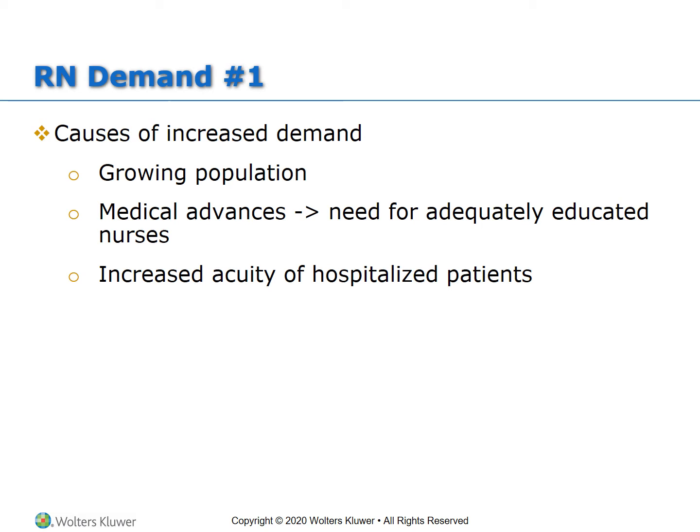The RN population now is not large enough to meet either the short or long-term needs. Like I said, the nursing workforce will be retiring at a rate faster than it can be replaced. Part of that is because the average age of the working nurse has been increasing for some time.